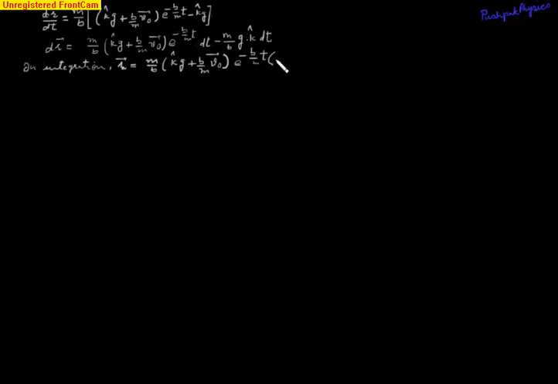So we can write minus m over b. The next term gives m over b g along k direction into t. So these are the values we get in this equation.